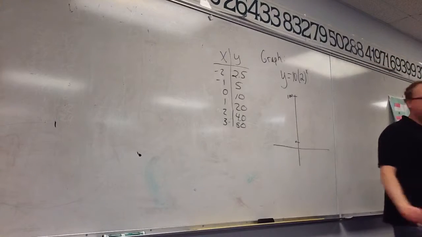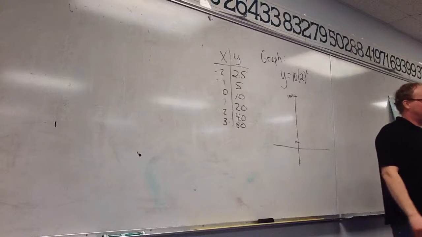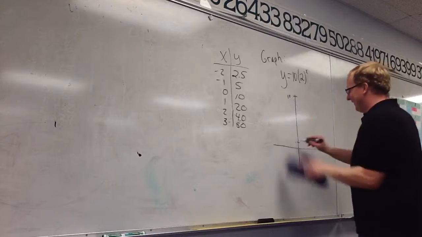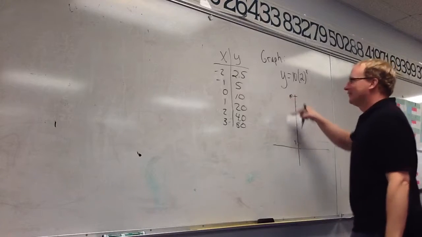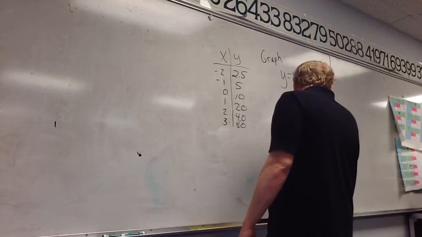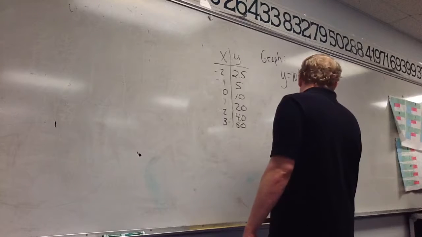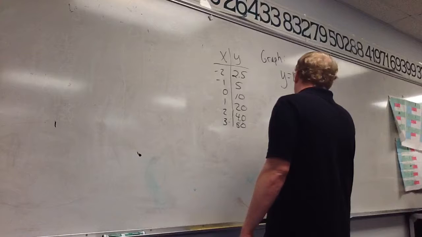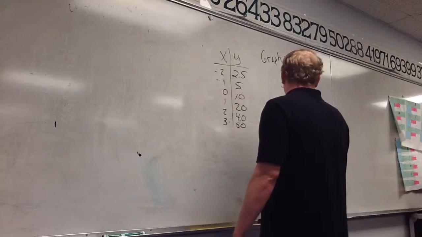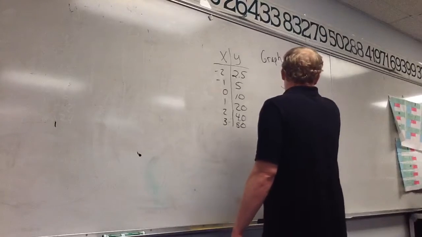That makes it better, so it doesn't just go off your graph. Because if you make it 1, 10, then -2 is 2.5, -1 is 5, and 0 is already at 10, and then it's gone.